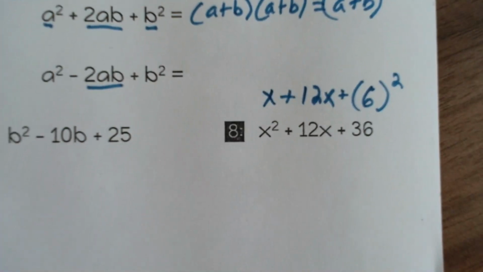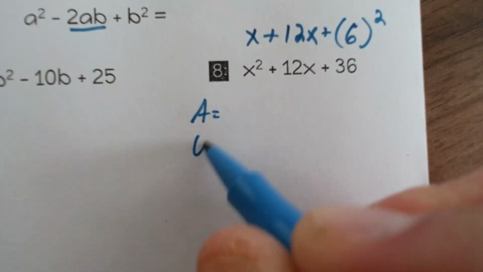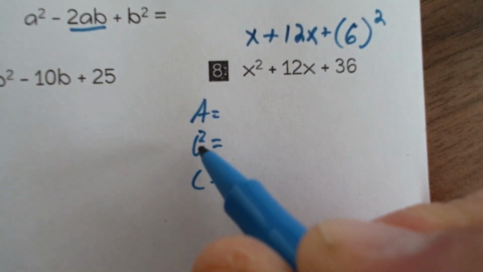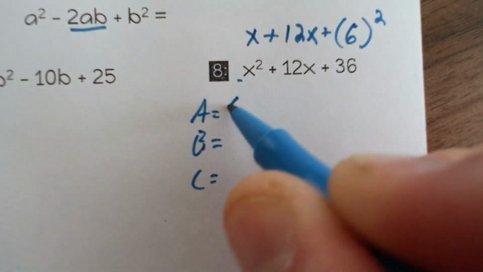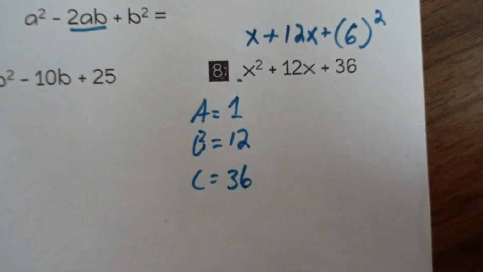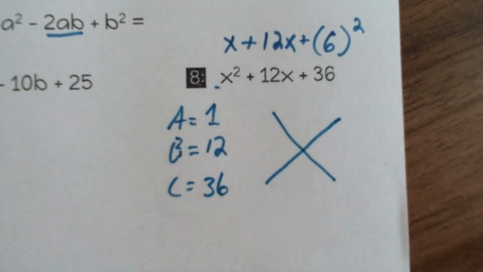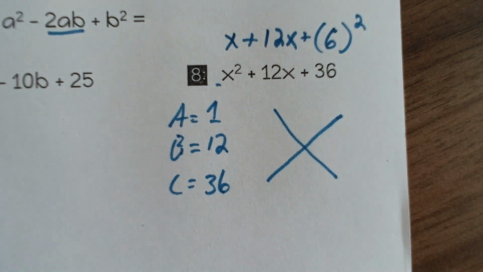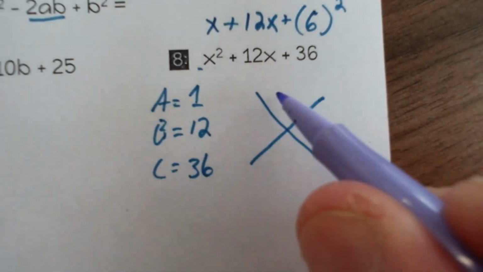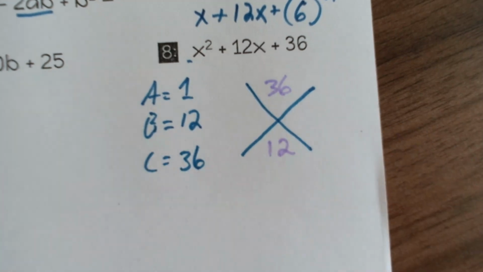Let me show you. A, B, C. My A value, 1. My B value, 12. My C value, 36. Step 2, X. A times C on top, that's 36. B on bottom, that's 12.